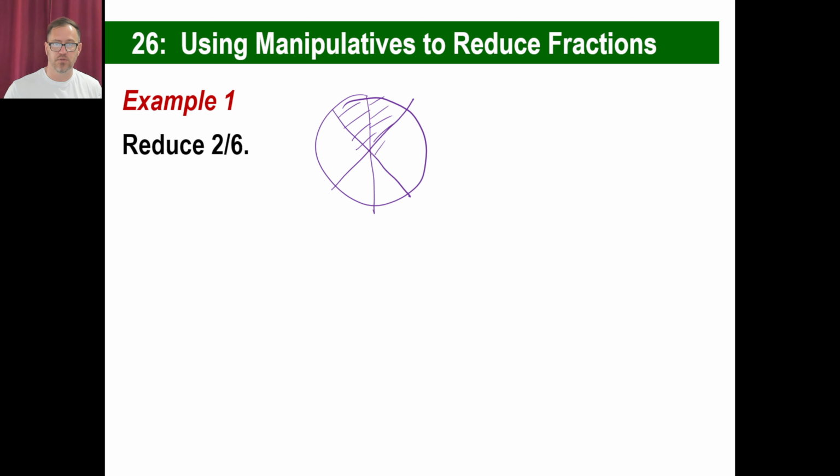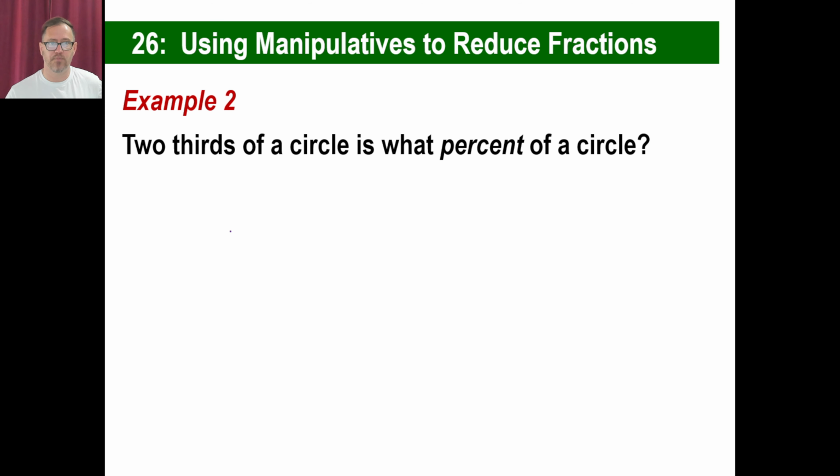So reducing, you can either do it by looking at pictures and saying, okay, it looks just like the 1/3 I have in my manipulative, or you can just take these numbers and, knowing your factors and your division and multiplication tables, you can reduce the fraction. What's the biggest number that goes into 2 and 6? The answer is 2. Goes into 2 once, goes into 6 3 times. That's it, reduced. All right?